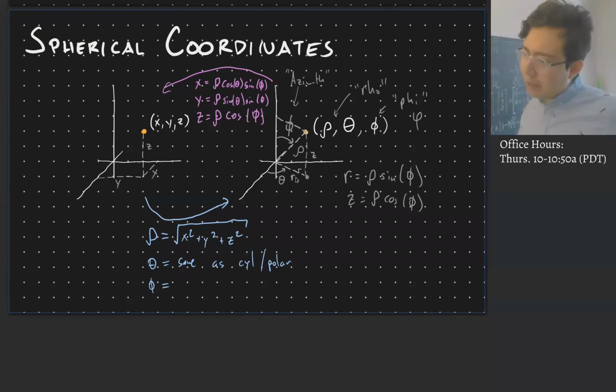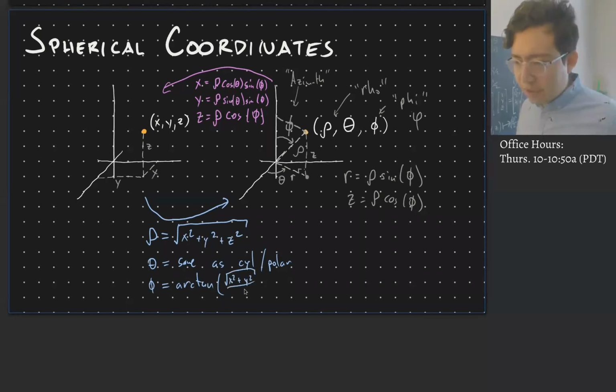Yeah, so we can think of, again, I think this right triangle here is the key. We want this angle here, so if you look at this right triangle here, then we do opposite over adjacent for tangent, so it gives us z over, or no, that's r over z, but we want it in terms of x and y's, so it's arctan of r, which is the square root of x squared plus y squared, over z.